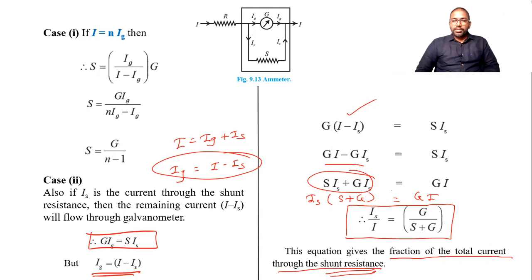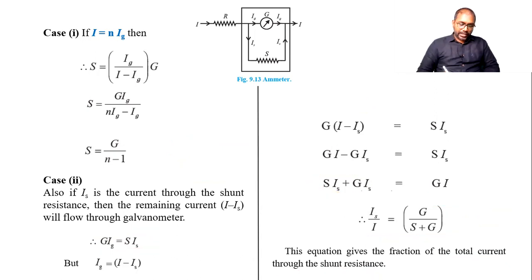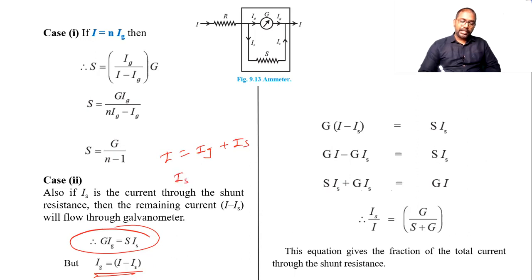In a problem, a question may be asked to find the fraction of current passing through the shunt; then you have to use this formula. In a similar manner, you can obtain the fraction of current passing through the galvanometer also. In this formula I substituted IG; now instead of IG, I can substitute IS. You know that I is equal to IG plus IS, so IS is equal to I minus IG.